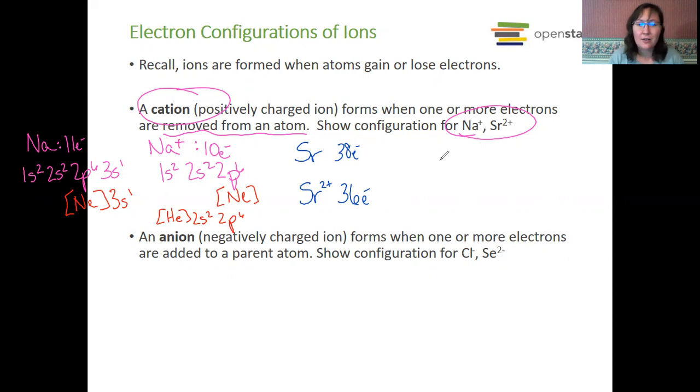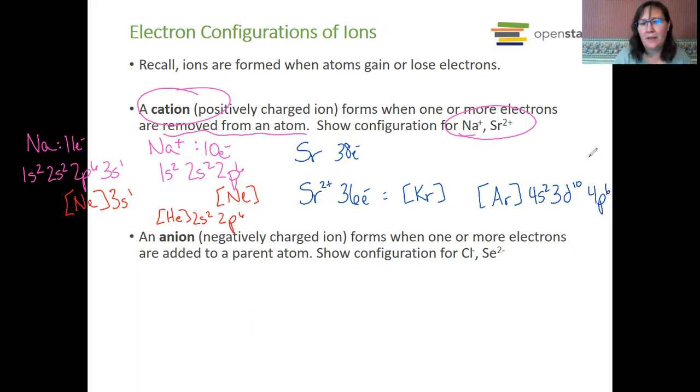Okay, because krypton has 36 electrons. So you could say then that strontium 2 plus is krypton. Or you could say that it's argon with a 4s2, 3d10, and a 4p6.